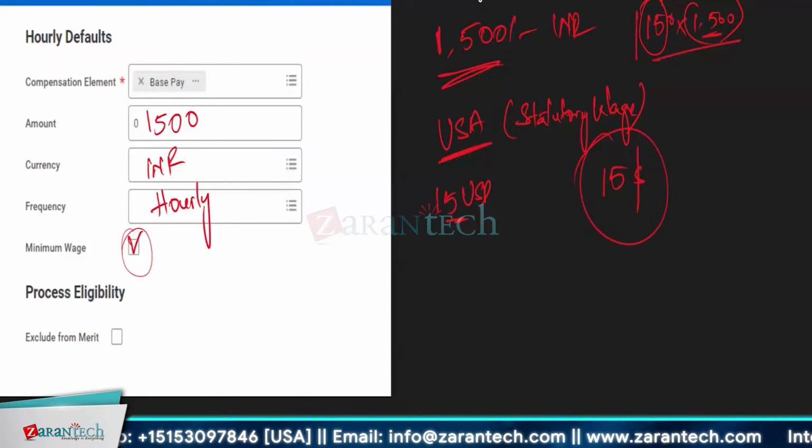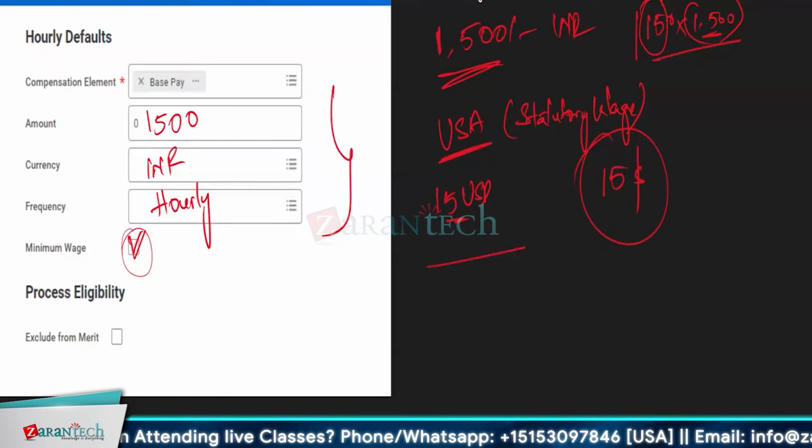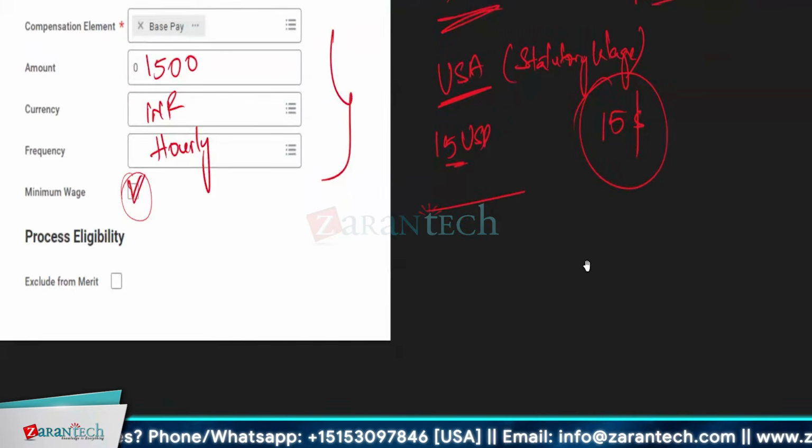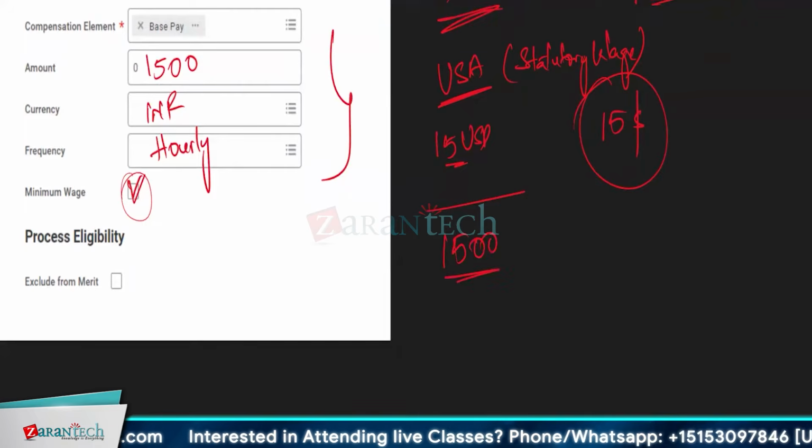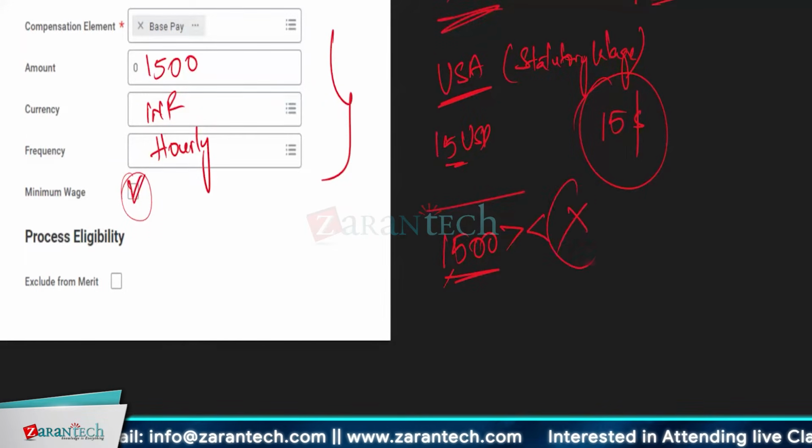So if I select minimum wage as yes over here, what happens is when an employee is assigned the GMS India hourly plan, you can enter any value, but it should not be less than 1,500. It can be 1,500 or more than 1,500. But if you give less than 1,500, Workday is going to show an error because you have selected minimum wage.